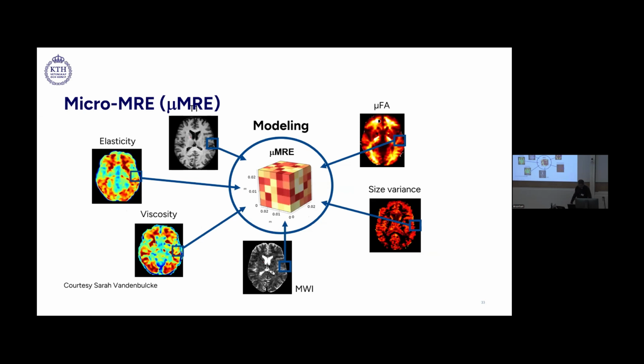Yes, and then we have a project where we have some results. This is actually Sarah. The idea is to get more information inside the voxel, because the problem of MRI is that the voxels are very big, 3 millimeters. And we would like to have more information inside the voxel. So the idea was to use mostly MUDI to get more parameters inside the voxel.